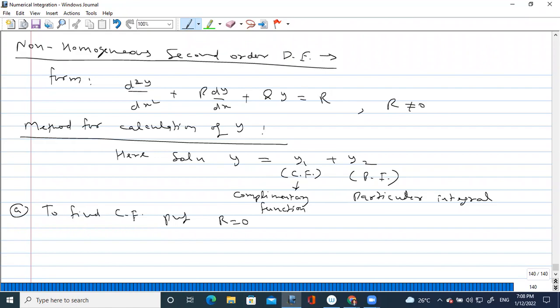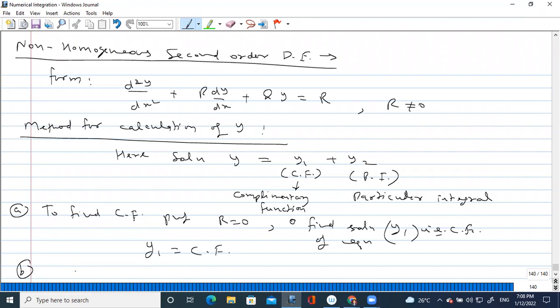Whatever y we found in the homogeneous case will work here as the complementary function. So you have to put r equal to 0 and find the solution of the equation, y1, that is the complementary function. So this you remember.